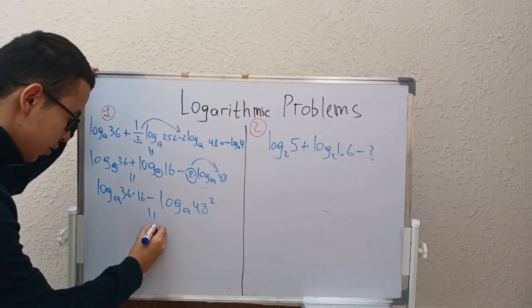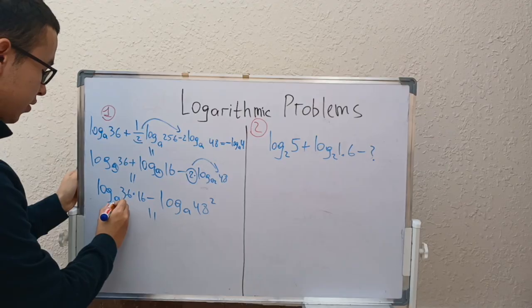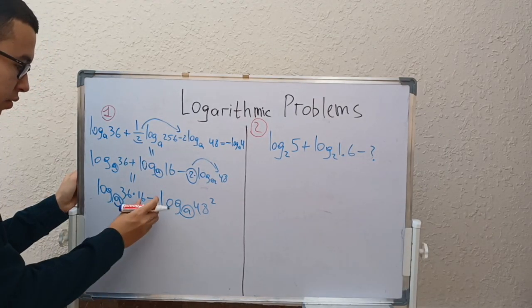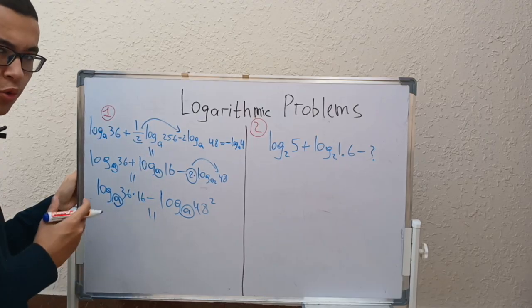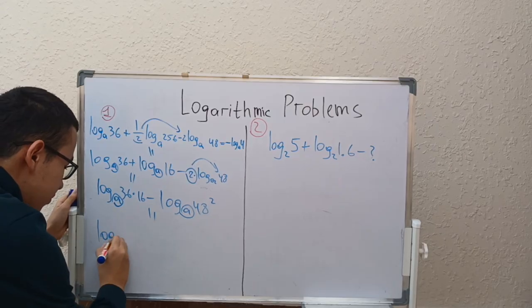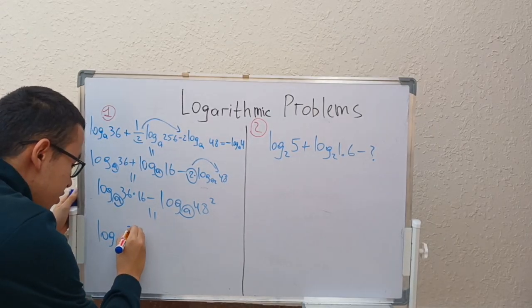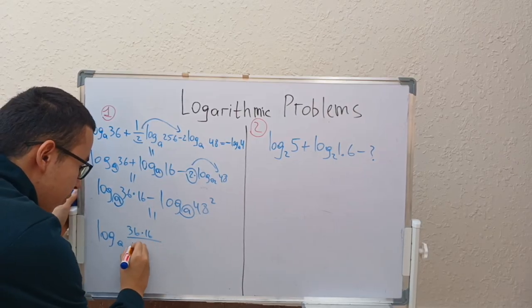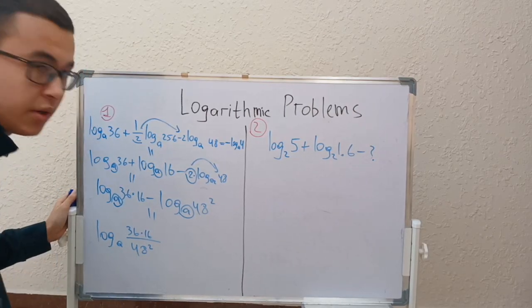And because again we have the exact same base, we can use the property of quotient. So that would be equal to logarithm base a of 36 times 16 divided by 48 squared.